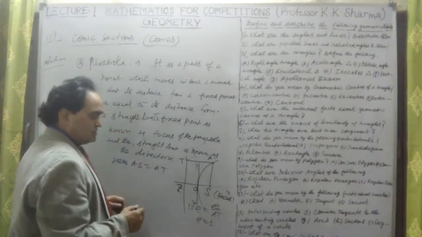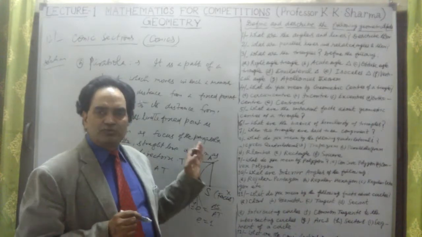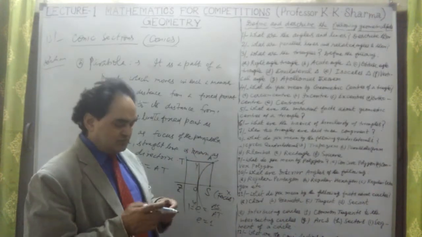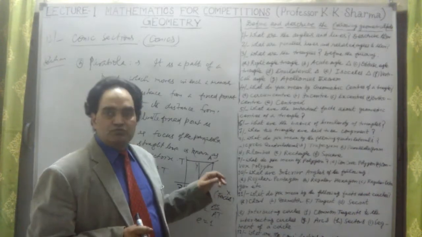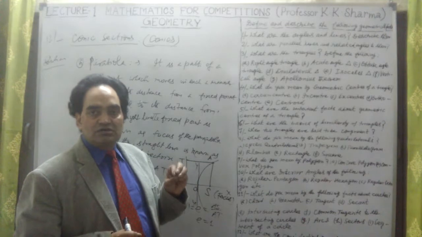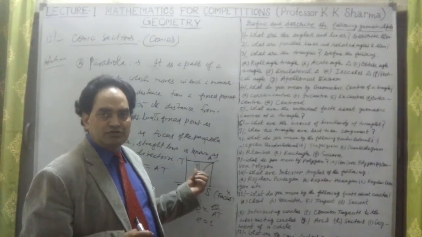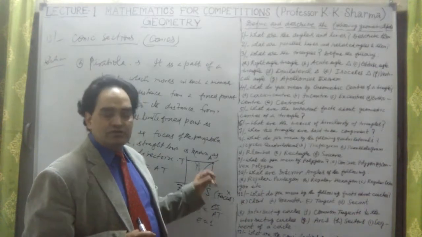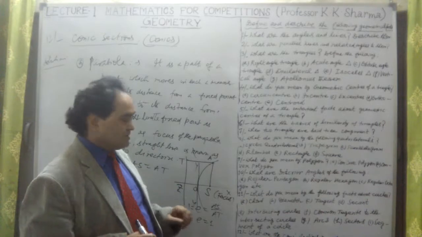Actually, this is a topic of coordinate geometry, but a conic section is a two-dimensional geometrical figure, because of that I have taken it here. Otherwise, this topic is mostly discussed in coordinate geometry, so I'll take some help of coordinate geometry here.